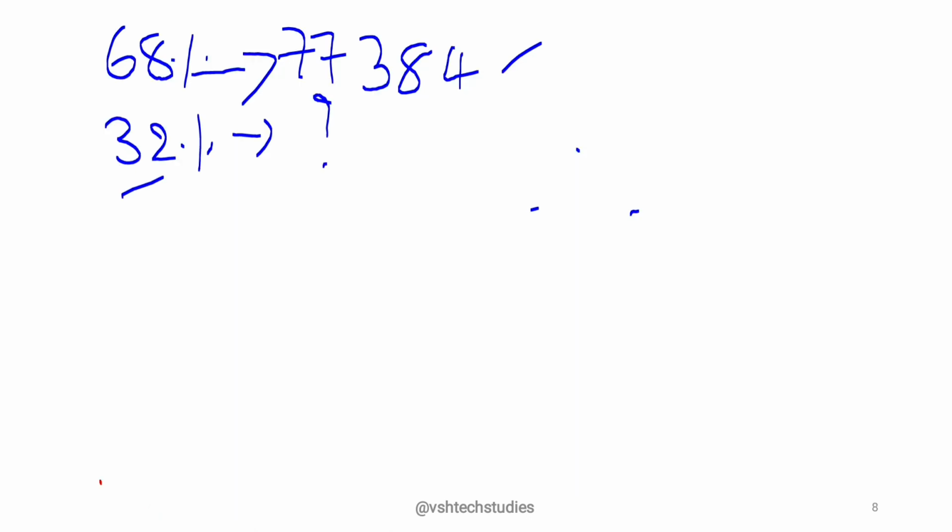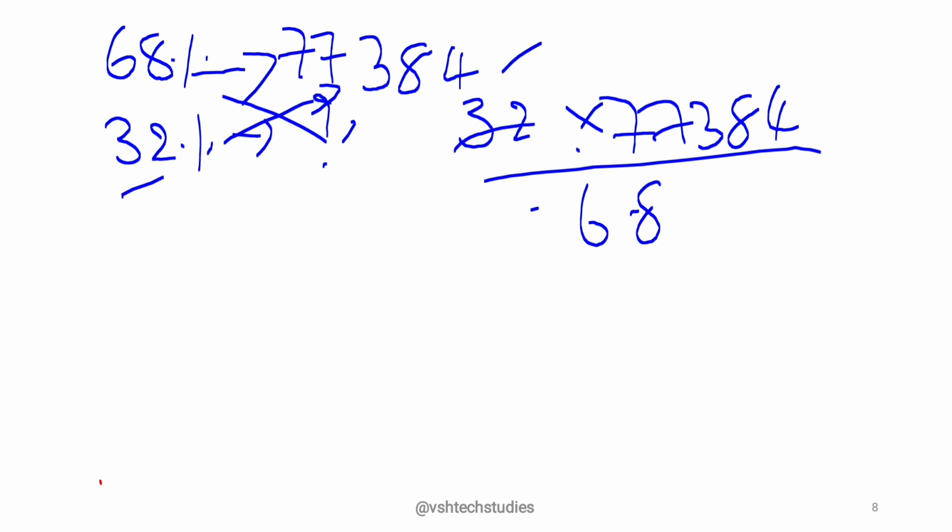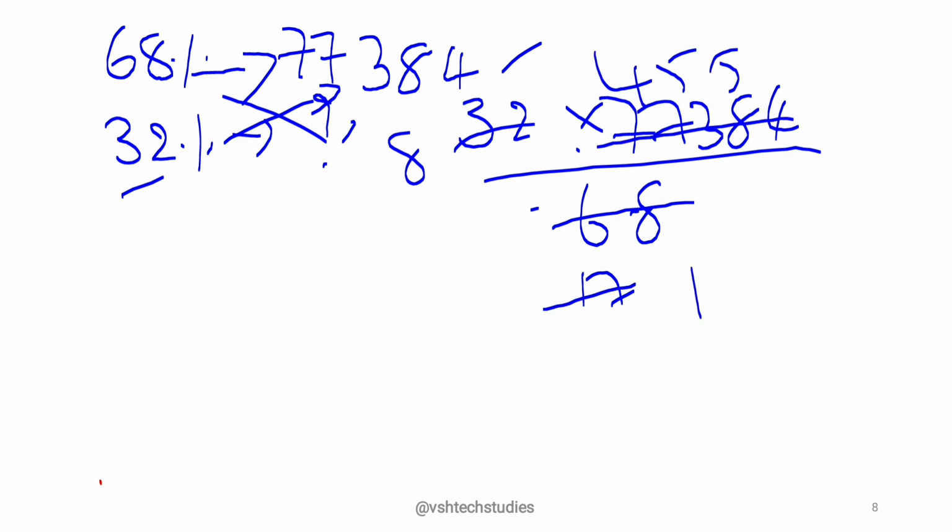For that, cross product: 32 into 77,384 divided by 68. Here 4 8s are 32, 4 1s are 4, 2 is left, 4 7s are. Now 17 1s are 17, 4 5 5 2.